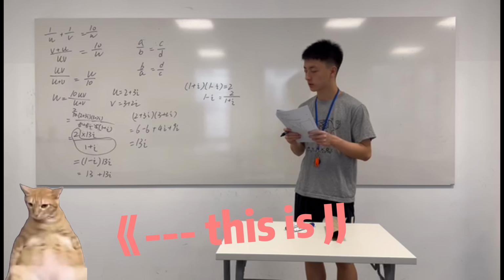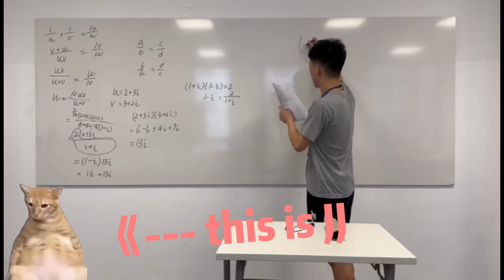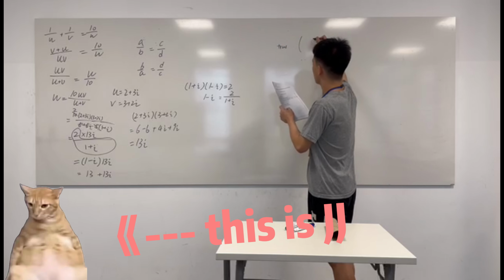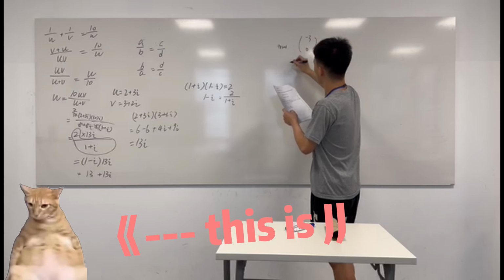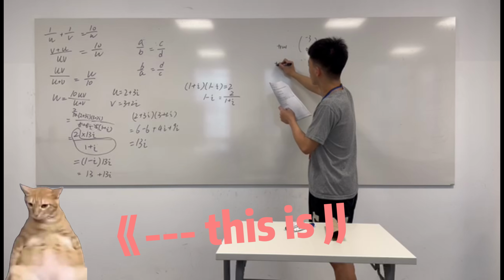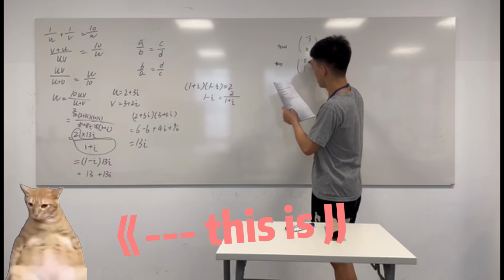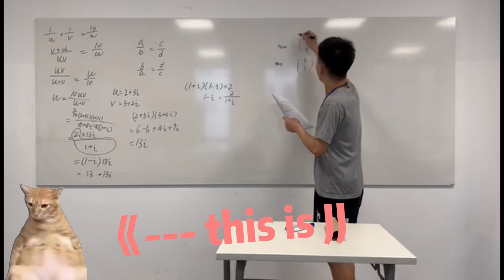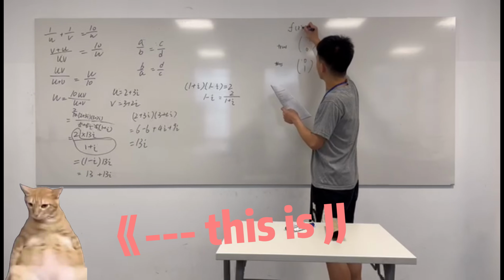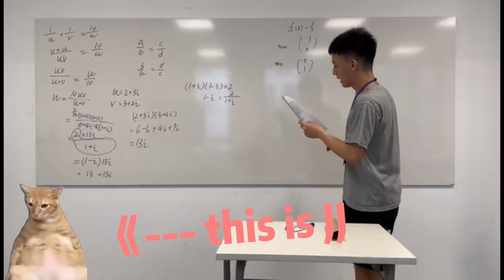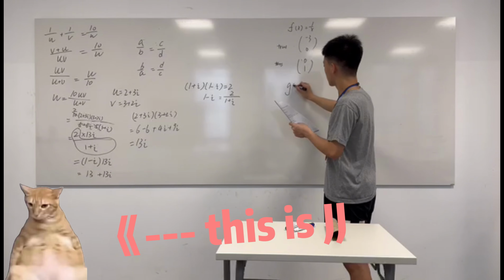Translation by vector (-3, 0), then translation by vector (0, 1). f(x) is equal to 1 over x. Then find the expression g(x).